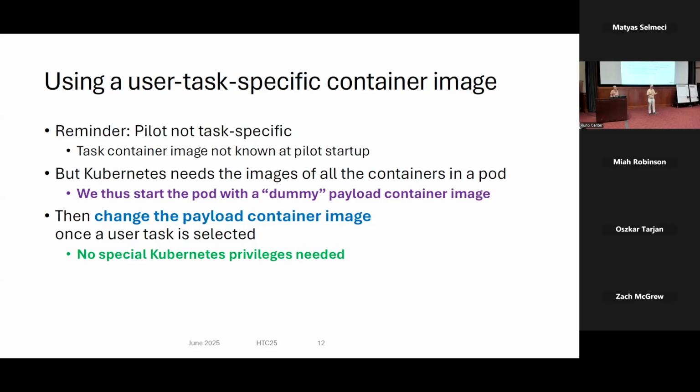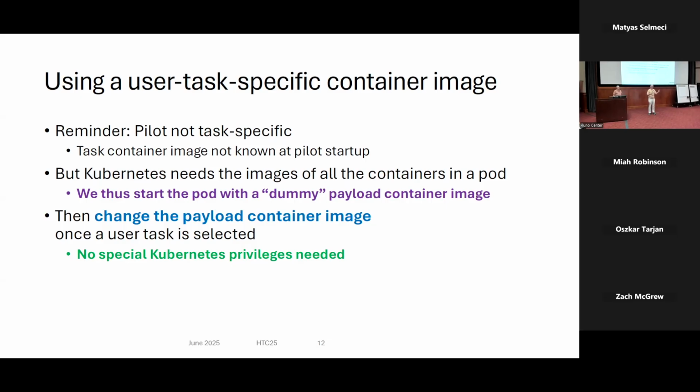Well, it's actually relatively easy, especially if you run a modern version of Kubernetes. It didn't used to be easy, and finally it is, which is great. So essentially, you start a pod with a pilot container, which I know what it is because I own it, and then a random dummy container that contains nothing with a wait script doing nothing, just wasting resources.